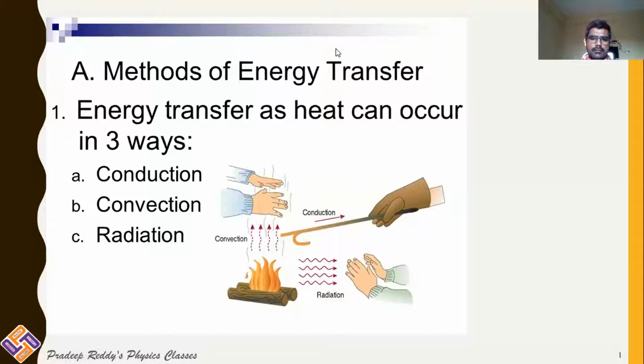Students, in the thermal properties of matter chapter, in the first part we have discussed thermal expansion.